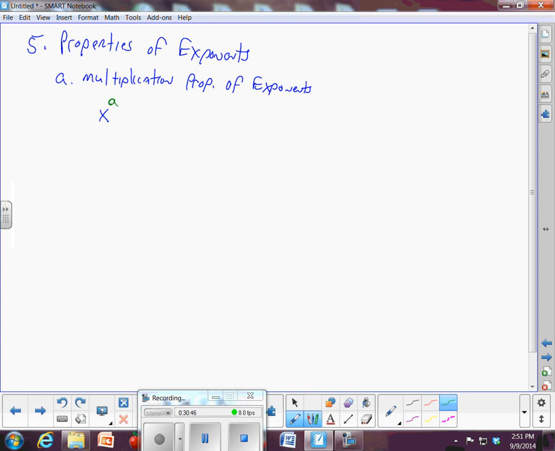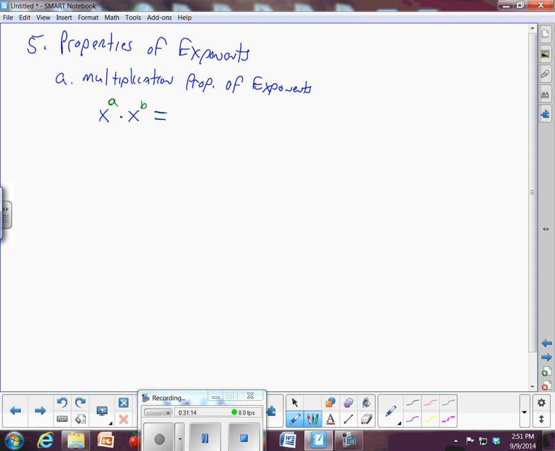So x to the a power. Take our blue again times x and then back to green again to the b power. All right, so let me let you see that and write that. X to the a times x to the b. Notice how they have the same base. They both have an x base. The first x has an a exponent, the second x has a b exponent. Okay, so what is the property? What does this equal? Well, I'm not going to tell you.